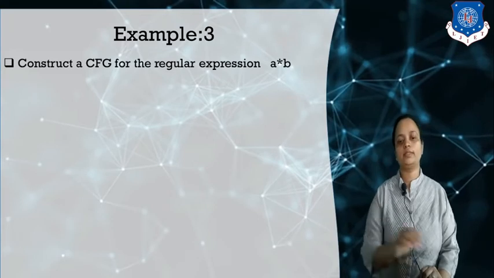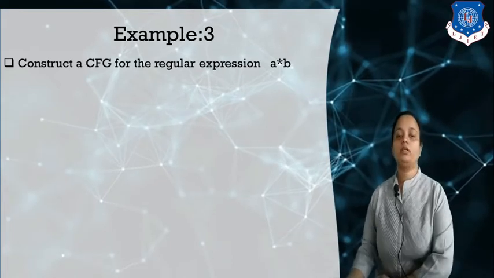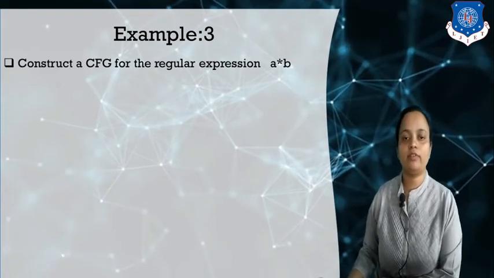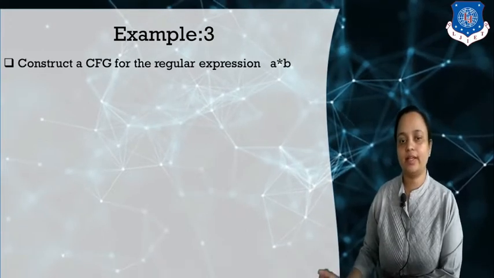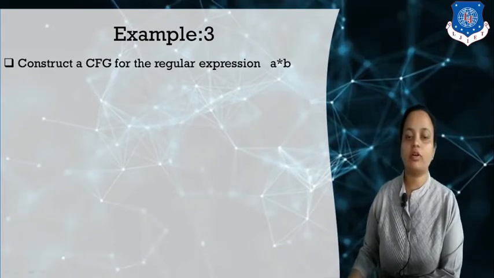Now move on to the next example, A star B. Now here I have taken two letters, A star dot B. Now B is a single symbol, always remember. So what type of string is contained over here? Before converting into a context-free grammar, you have to know what kind of strings are generated.